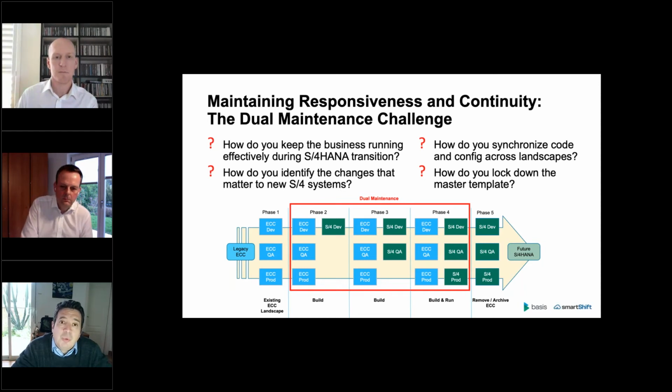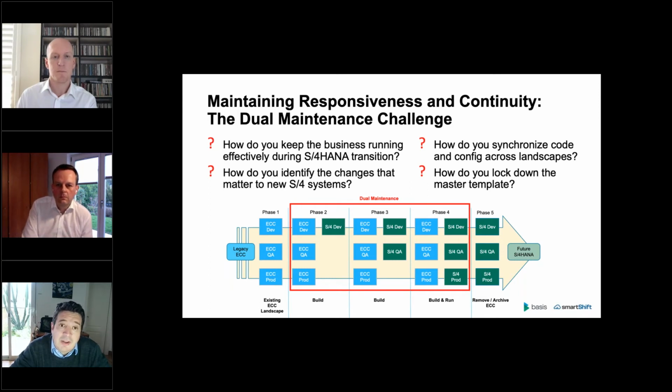And so they will want to operate to a certain extent business as usual with their standard project portfolio. So during that entire period, it's all a question of identifying what changes still happening on the ECC side matter and should be considered for dual maintenance into the S4 landscape.